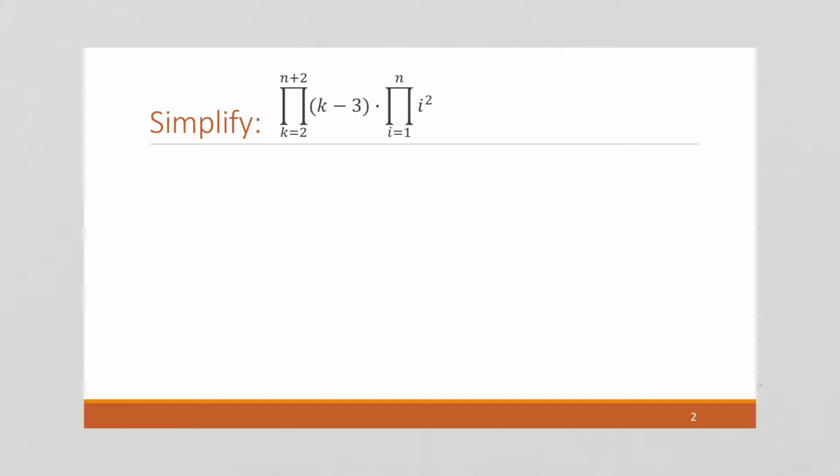So here we've got two products that we want to combine and simplify, but we've got a problem because in this first product, if you look at the bounds, we've got n plus 2 minus 2 equals n elements. And in this product, we have n minus 1 elements.